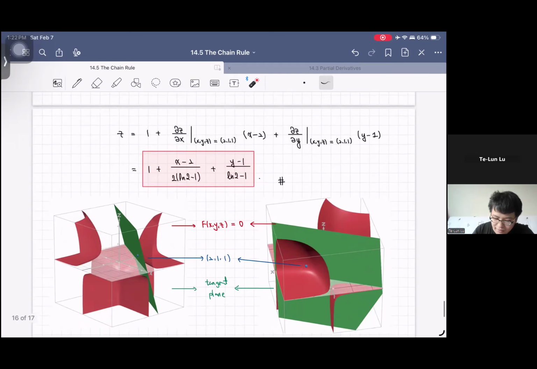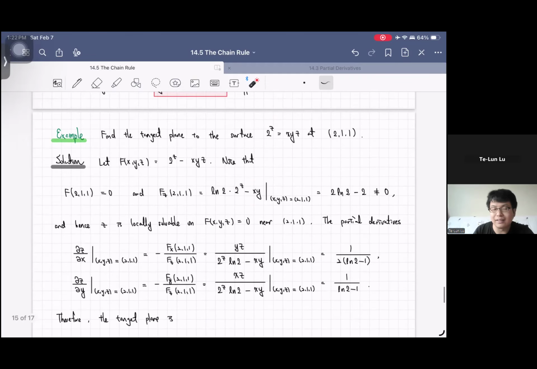Right. So you see that is the powerful idea of why the implicit function theorem is so useful. Because in this case, z is solvable, but we don't know how to present it in terms of, say, ln, e to the x, or sine and cosine. You cannot solve z in terms of those functions, but it is solvable.